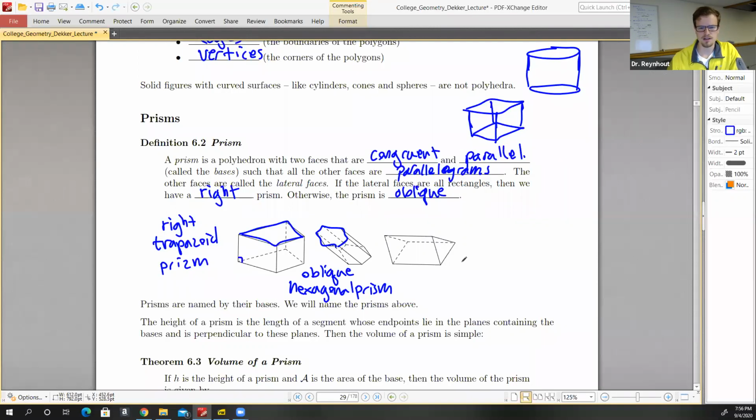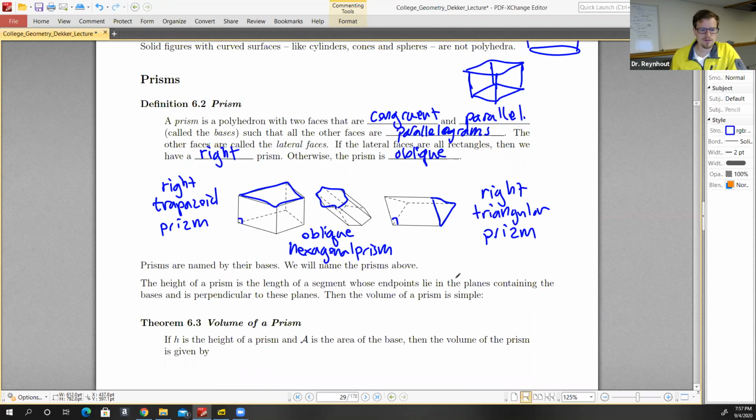And this one here, the base that we can see is a triangle. And these appear that they could be right, so we'll say that it is a right triangular prism. Excellent.